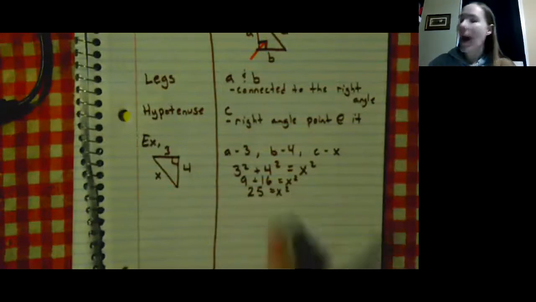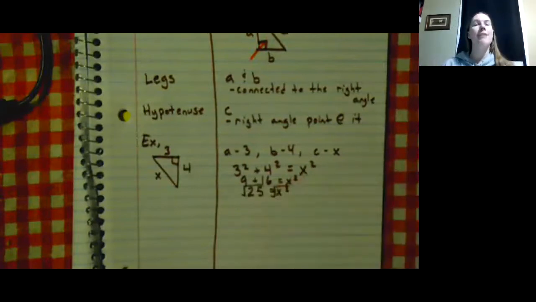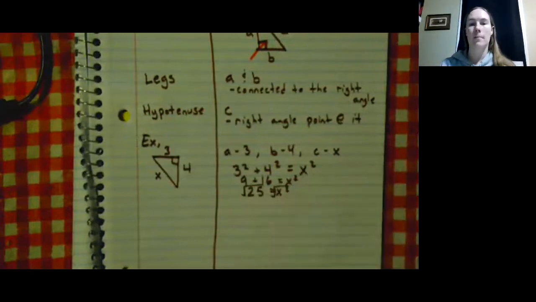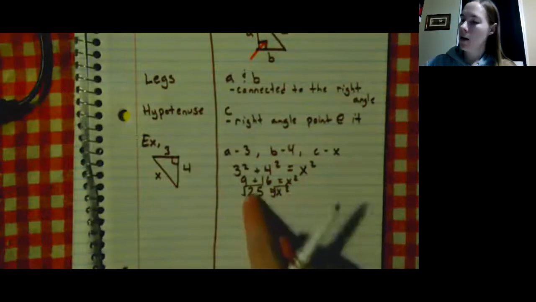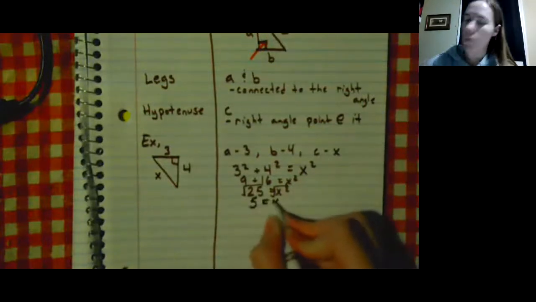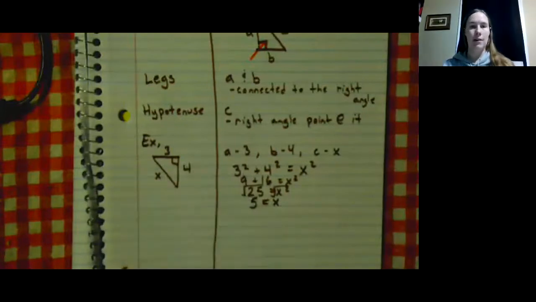Well, I want to get my X alone. So I have to take the square root of both sides. So the square root is the opposite of the squared. And it's thinking what times what equals this number. So if I put that in my calculator, it'll get me 5 equals X. So my hypotenuse here is 5.